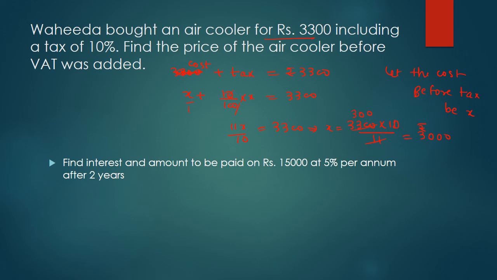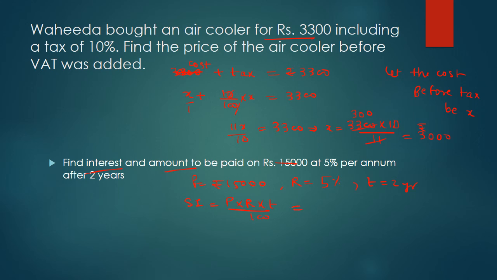Okay. Now the question on simple interest and compound interest. You have to find the interest. It is not mentioned compounded annually, so it is simple interest. You have the principal amount, which is 15,000. Rate per annum is given as 5%. Time is given as 2 years. So simple interest is P into R into T upon 100.